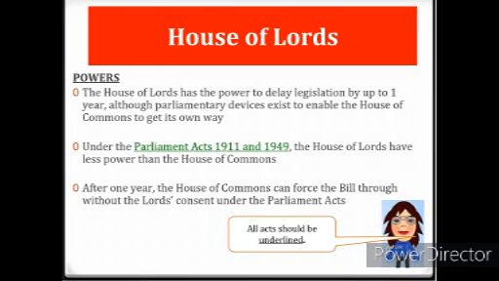So it kept delaying it. It refused to give its consent. And that was the last time that the House of Commons had to use the Parliament Act of 1911 and 1949 to actually force through a bill without the Lords' consent. So that's a really good example.